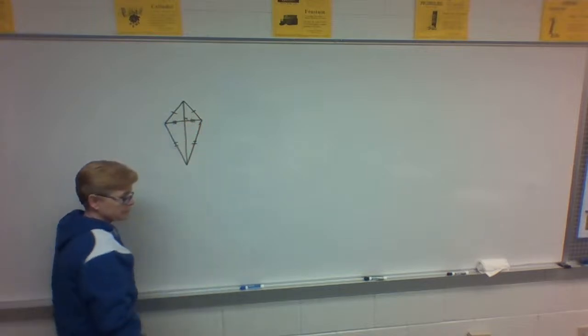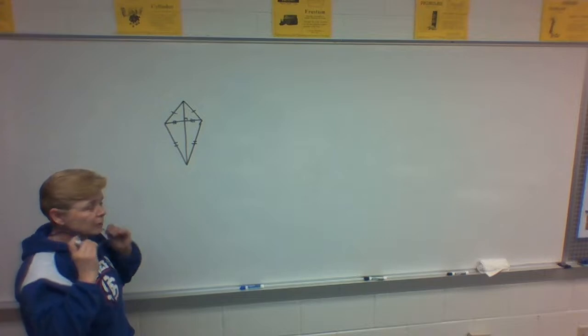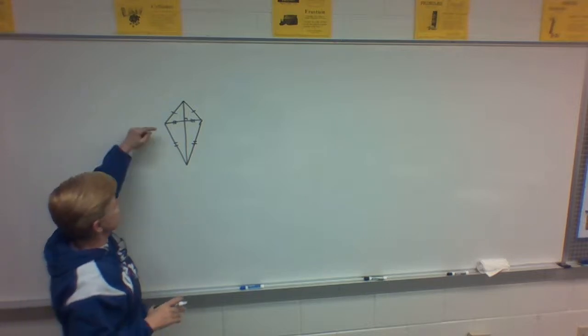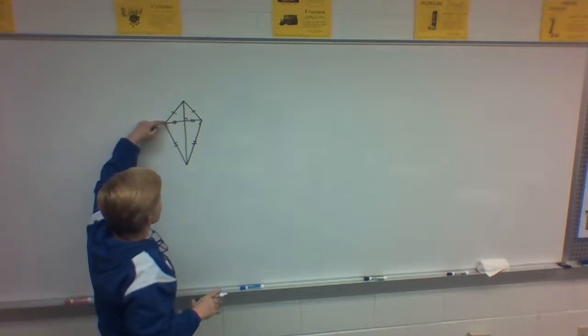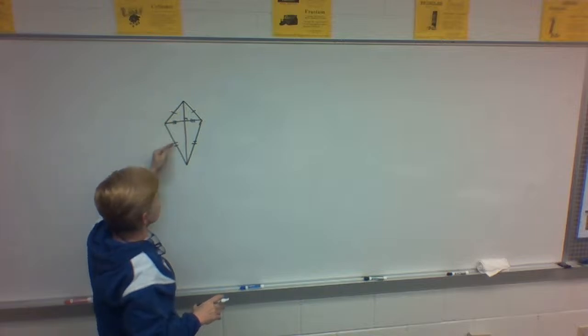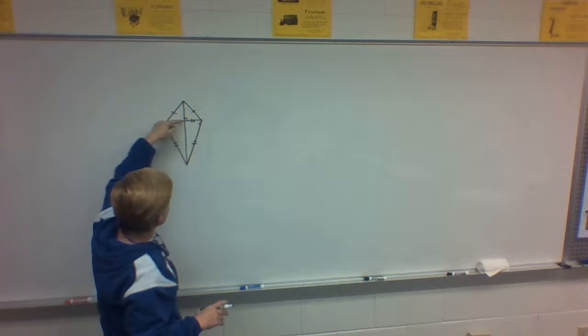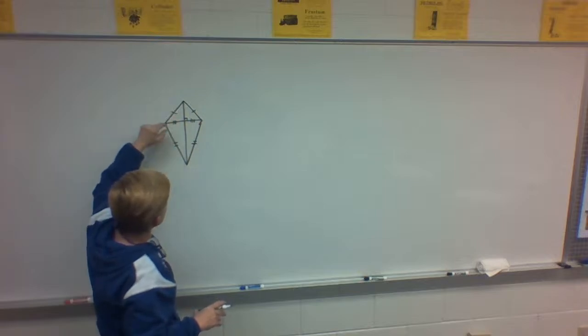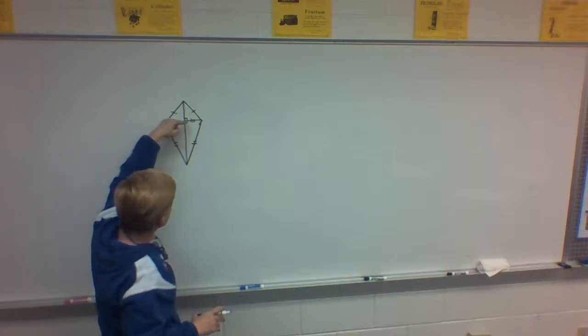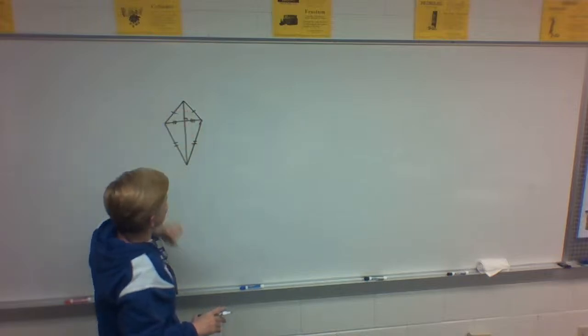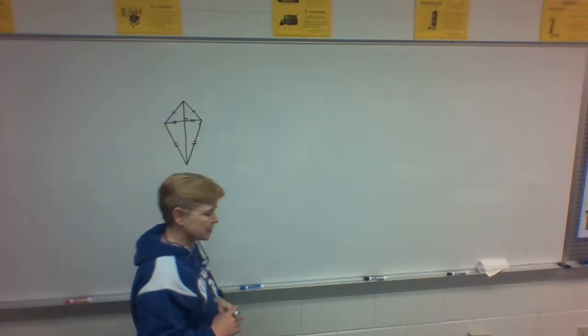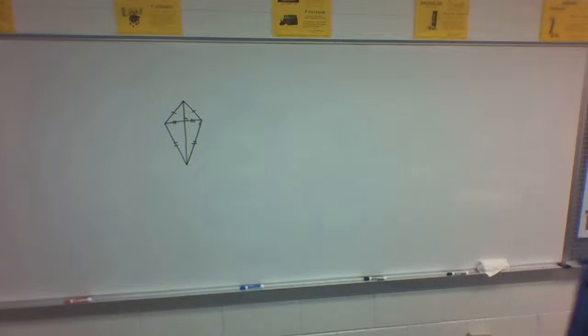The other one will not. It's very clear. The one that's bisected is the one that connects the corners where one length meets the other. You do that diagonal that connects those corners where you've got a single mark and a double mark where they meet. If you connect that corner to the other one that's like it, that's the one that's going to get bisected. The other one won't be, but they will be perpendicular to each other.